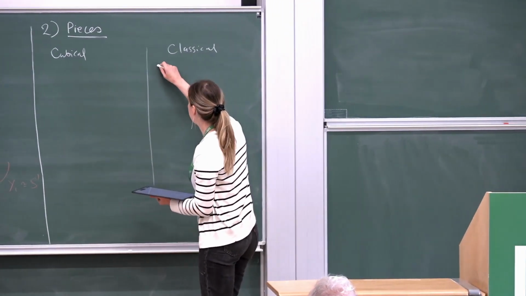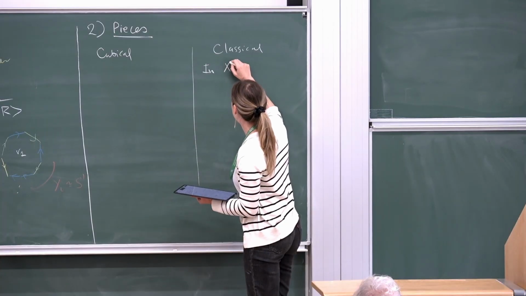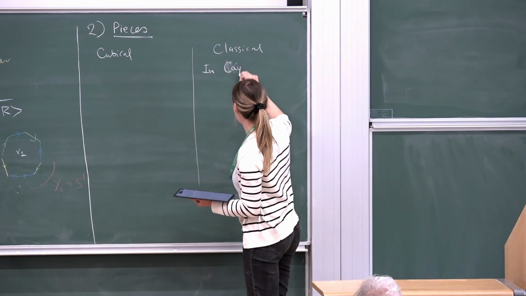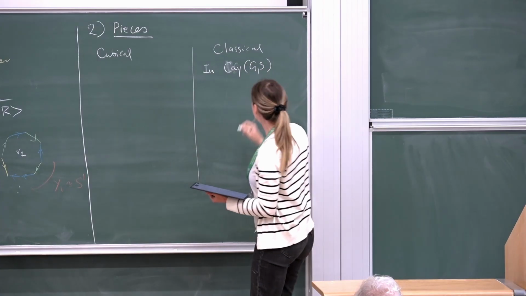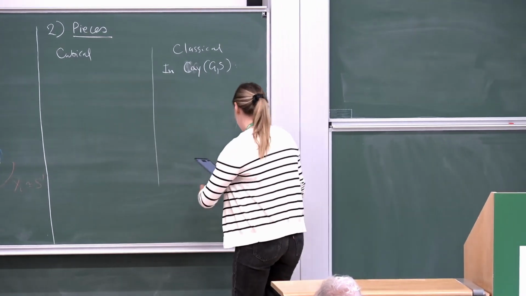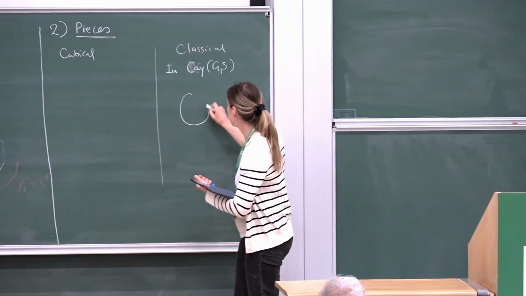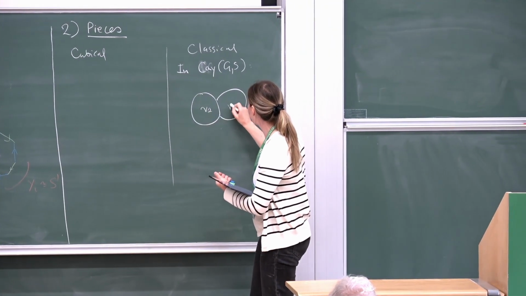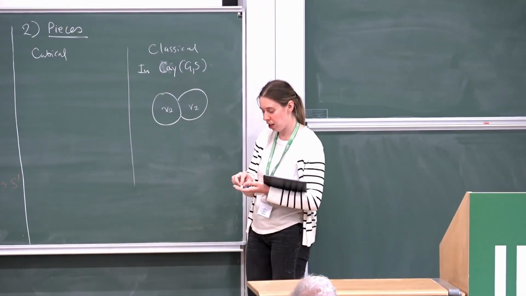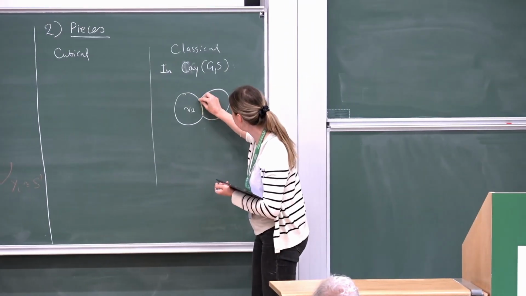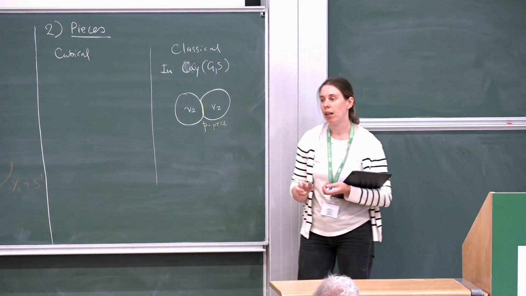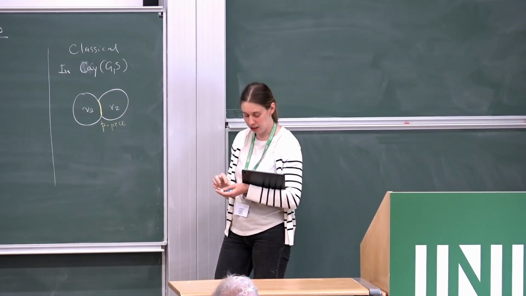And so it really makes the most sense to look at it in the Cayley complex. So if I have, looking at the Cayley complex, two relators, so two cells that attach along the boundary, I'm going to call a piece anything that lies in this overlap.